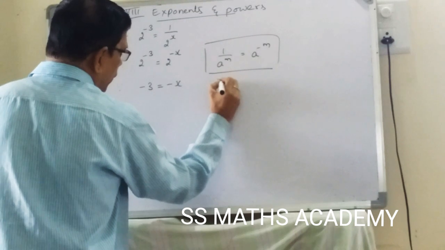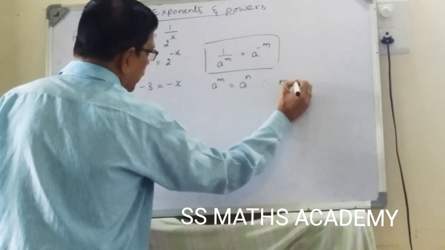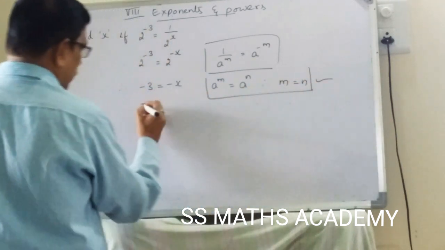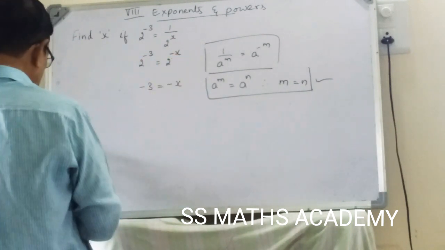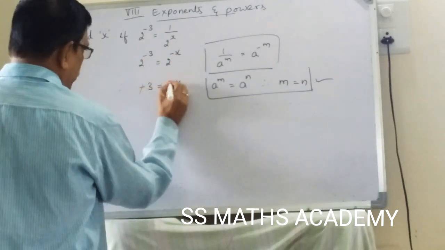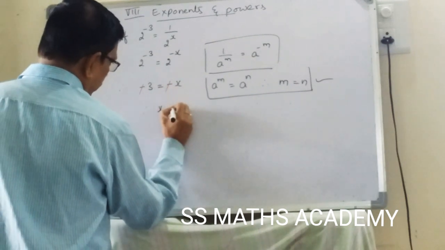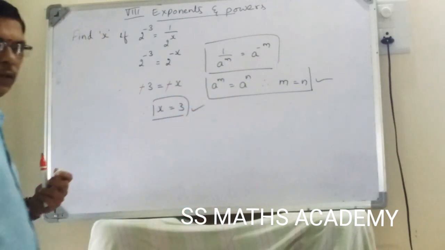According to the formula, if a^m is equal to a^n, then m is equal to n. So we made the powers equal, then we cancel the minus signs on both sides. So we got the x value, x is equal to 3. Is it clear to all of you? Have a look.